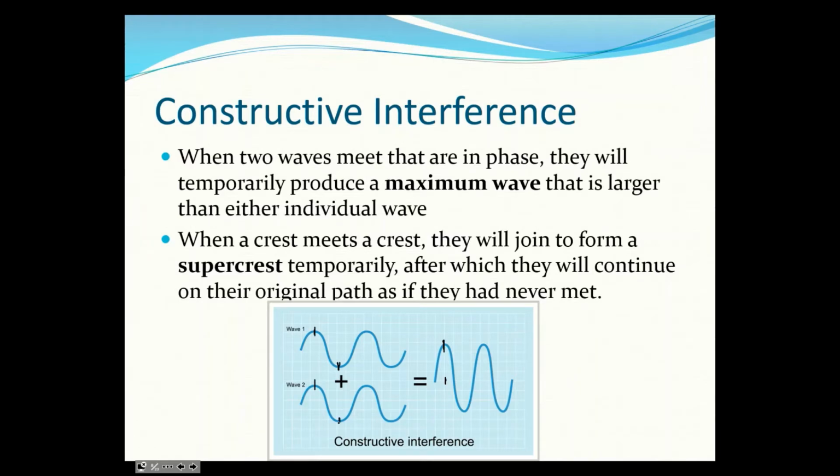Trough meets with trough. So those troughs are in phase, so we get a much bigger amplitude, right? If we draw our equilibrium line in here, we can see that the amplitude gets bigger. So the amplitude is about 2 boxes high here for the crest, and now it becomes about 4 boxes high. But the wavelength and the frequency should not change from interference.